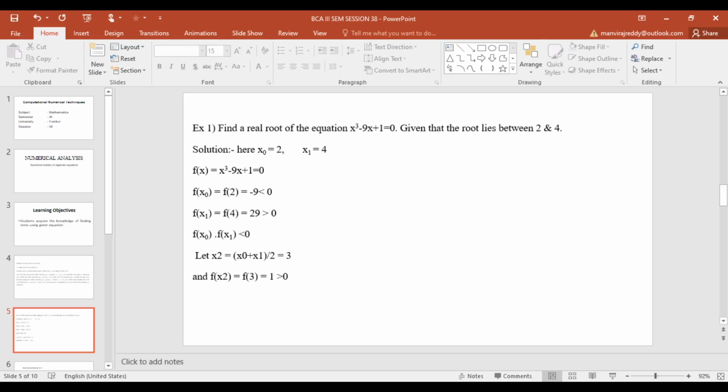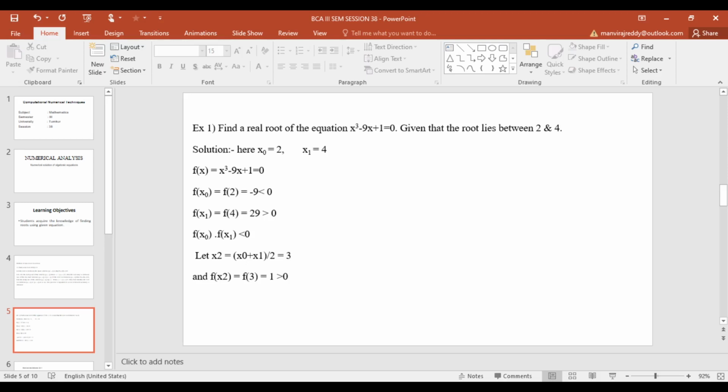First we measure f(x0), that is f(2), which is minus 9, less than 0. Next we measure f(x1), that is f(4), which is 29, greater than 0. The product f(x0) times f(x1) is less than 0. That's why we say the root lies between 2 and 4.